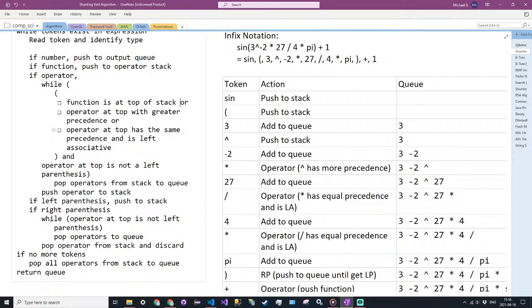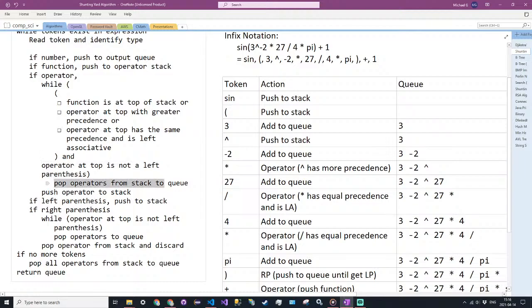So this will be with multiplication, division, addition, subtraction, but not the exponent, because it's not the same the other way around. So that's this condition here, and then that's all ANDed with the operator cannot be a left parenthesis.